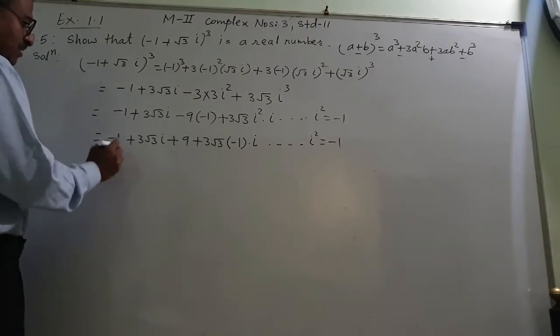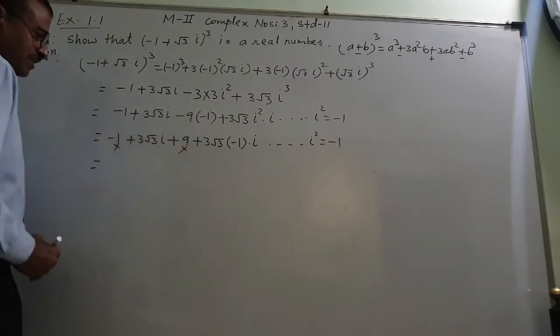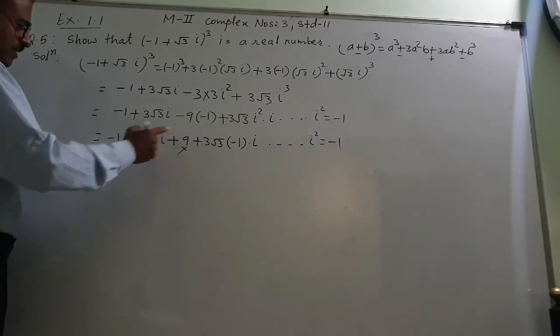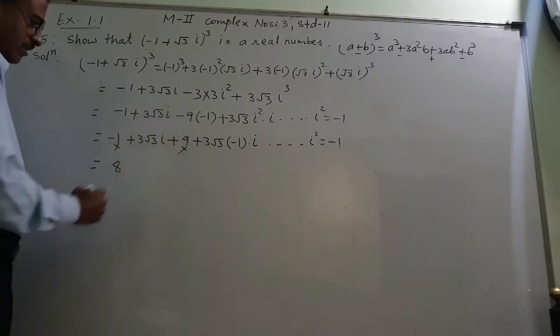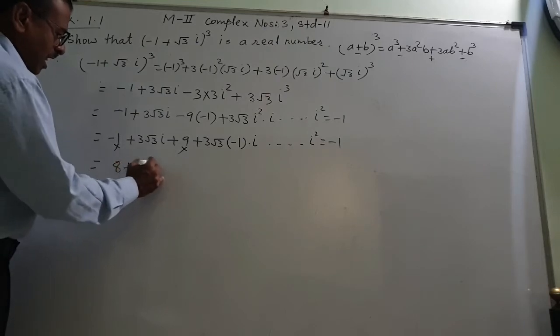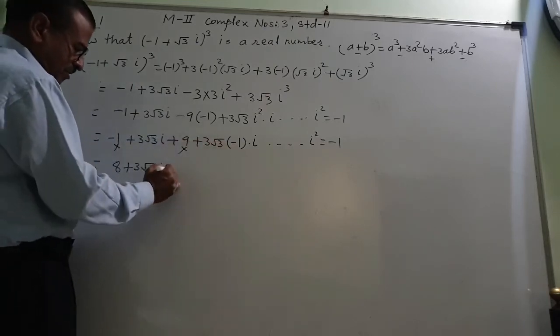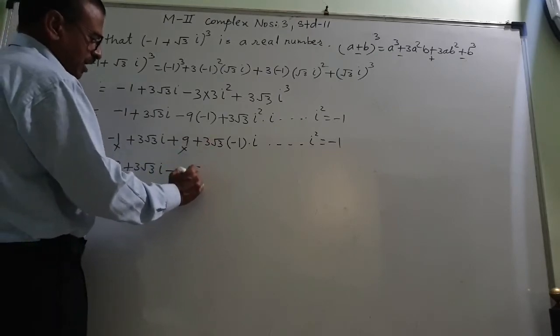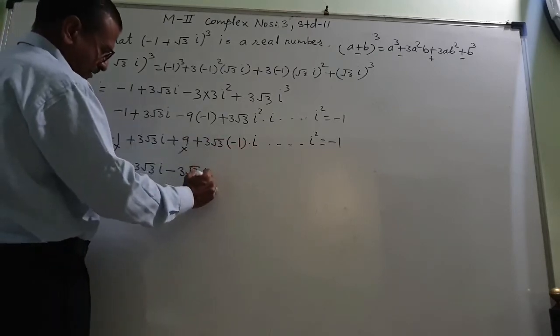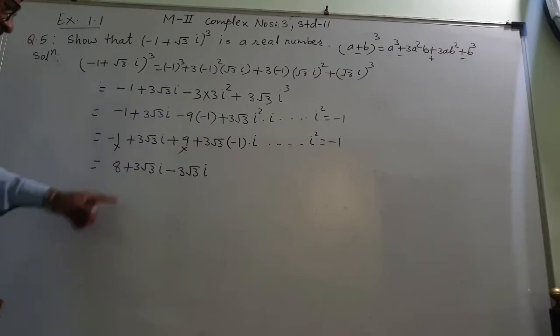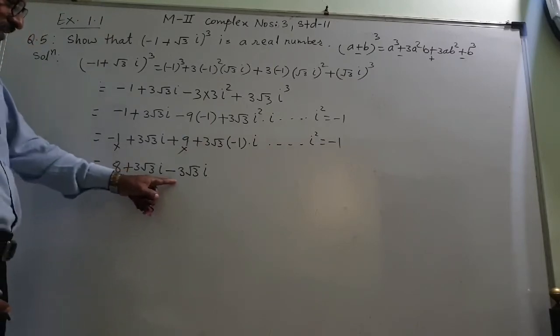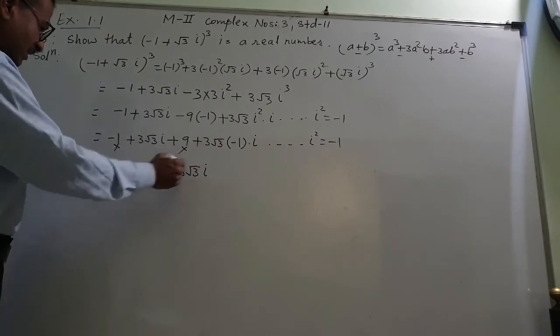This and this I will solve immediately. -1 plus 9 is plus 8, plus 3√3i. This is minus, so this will become minus 3√3 and this i. Now see this, this is positive 3√3i, this is negative 3√3i, so this will get cancelled.